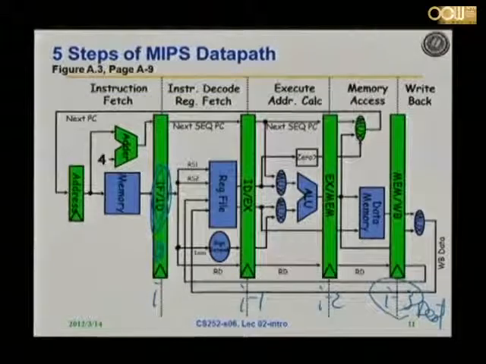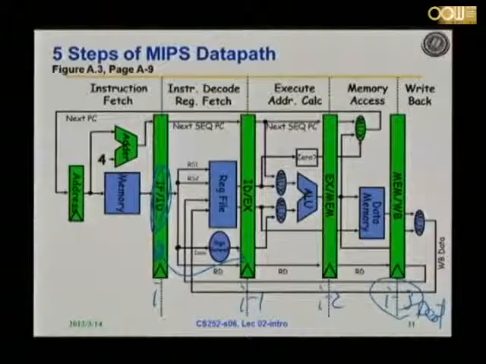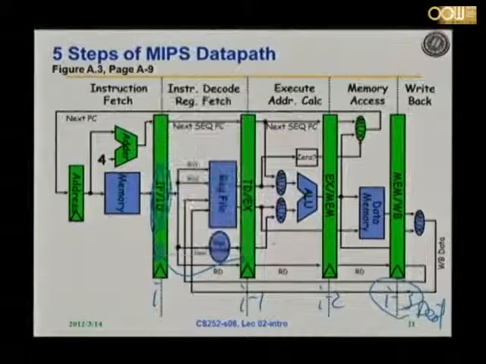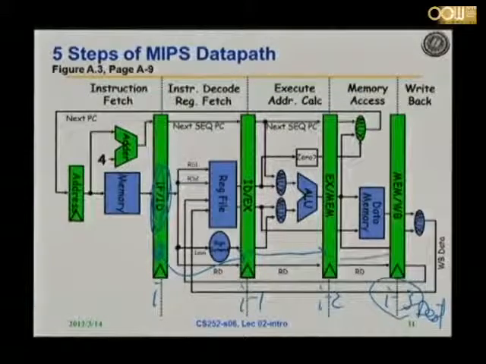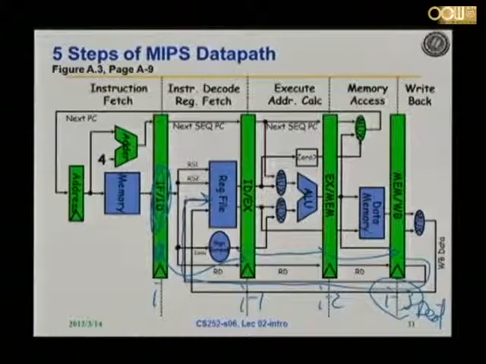It's not like RS1 and RS2. It should be used at clock cycle 5. So I pass it on for one clock cycle, and pass it on again for another clock cycle, and then pass it on again for another clock cycle, and then finally I use it here at clock cycle 5.